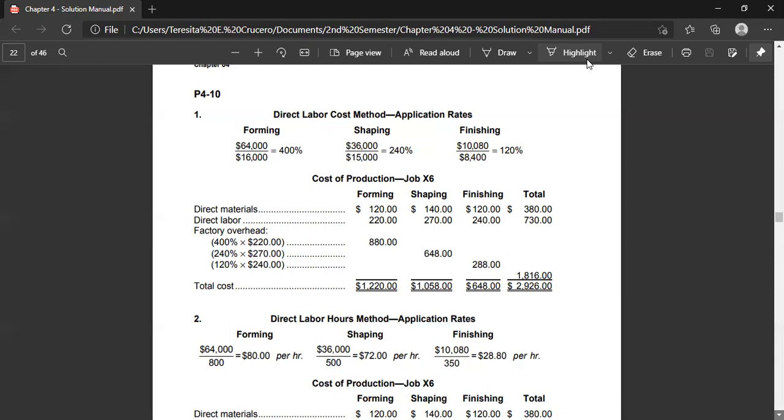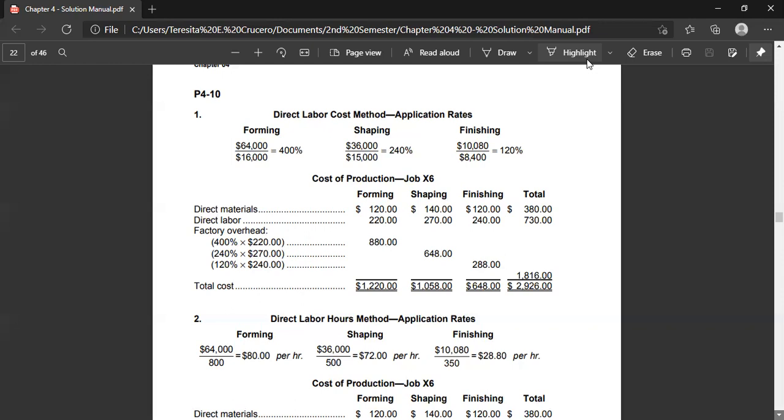And then for shaping, you multiply 240% by 270, and for finishing, you multiply 240 by 120%. So you now get the factory overhead cost, determining the total cost of job X6 because the production of units will be done through forming, shaping, and finishing departments.